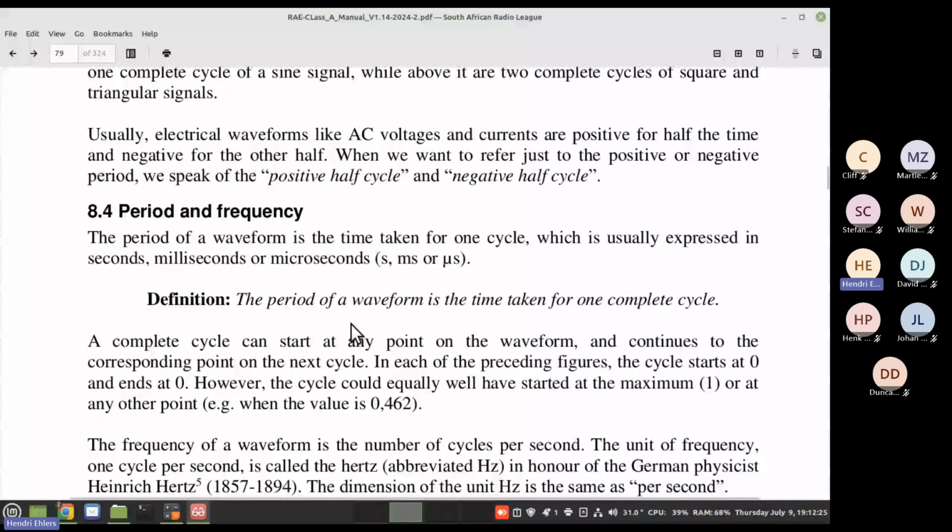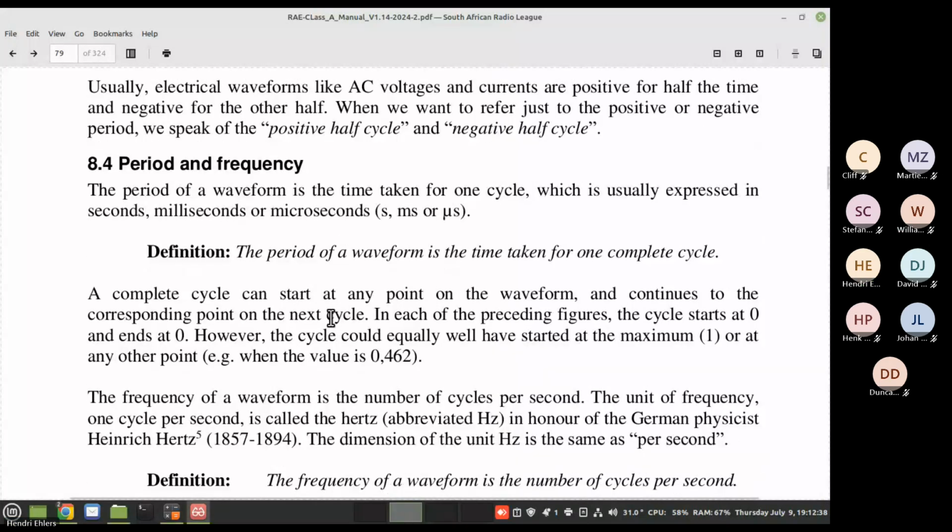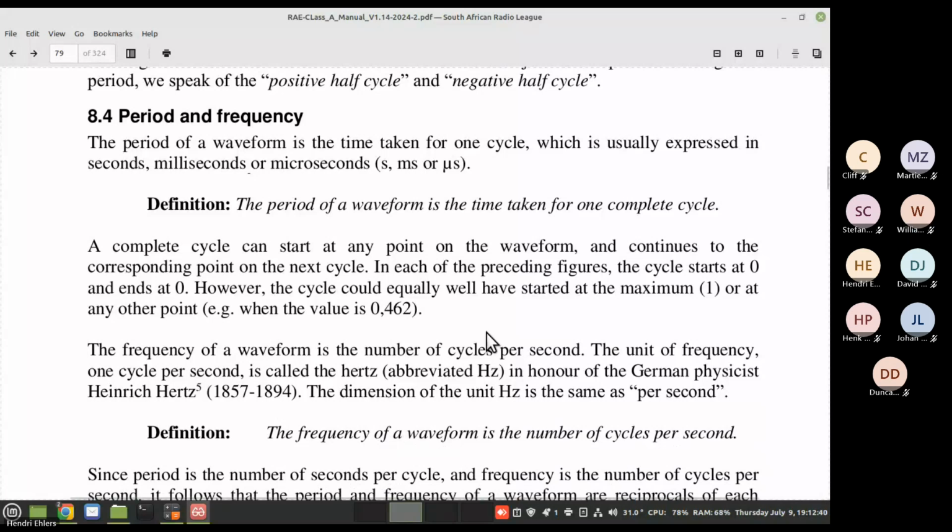Definition: the period of a waveform is the time taken for one complete cycle. So from 0 to 360 degrees, that's one cycle. A complete cycle can start at any point on the waveform and continues to the corresponding point on the next cycle.